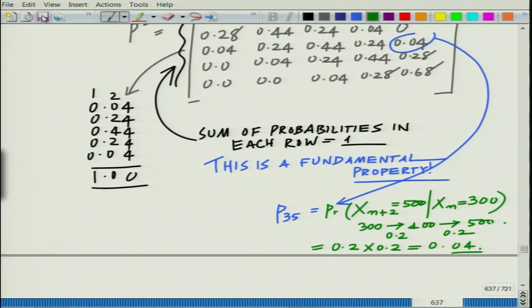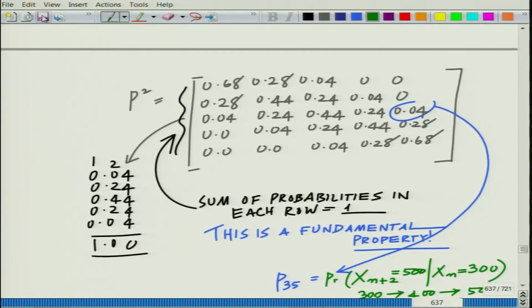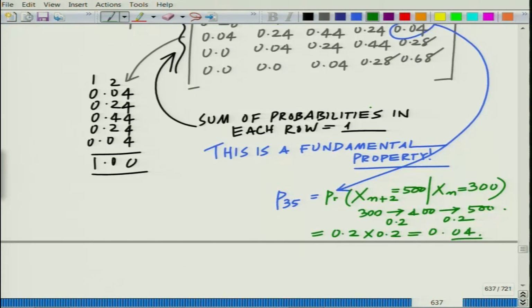I mean, you can deduce the rest of the probabilities in a similar fashion in this transition probability matrix. So, the summary of this is very simple: if you have the transition probability matrix, as I have already told you before, that completely characterizes the DTMC, discrete time Markov chain.